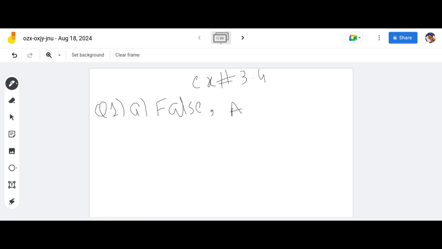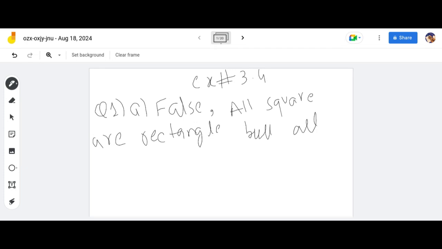All squares are rectangles, but all rectangles are not squares. Understood? Why can't all rectangles be squares? Because a square can be a rectangle.